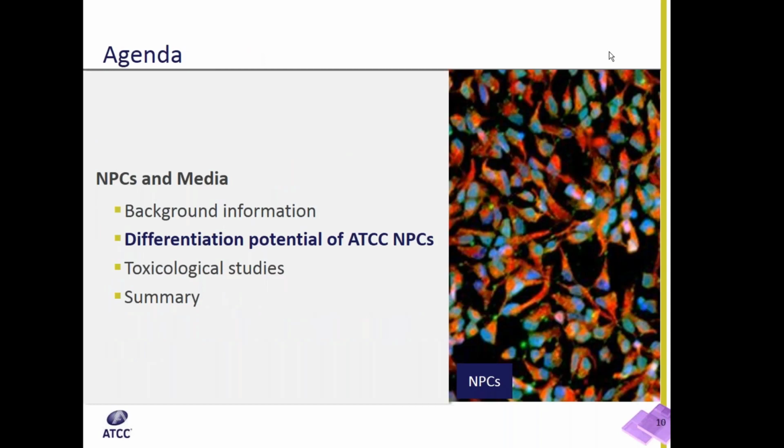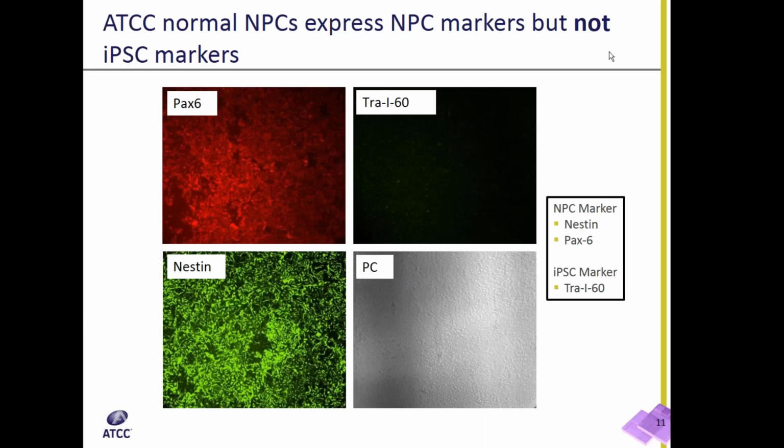So I've given you some background information about iPSC-derived neural progenitor cells. I'd like now to guide you through the differentiation of these cells. So first we took a look at the expression of the positive markers of neural progenitor cells, nestin and PAX6, and the negative marker TRA160.